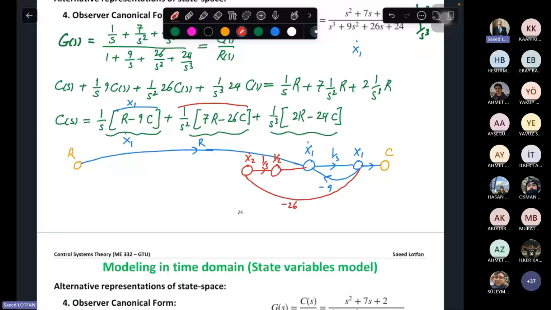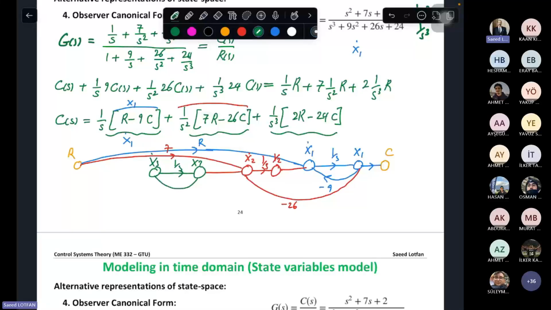And we have this 7 from the input, and finally we have x3, x dot 3, which is 1 over s.